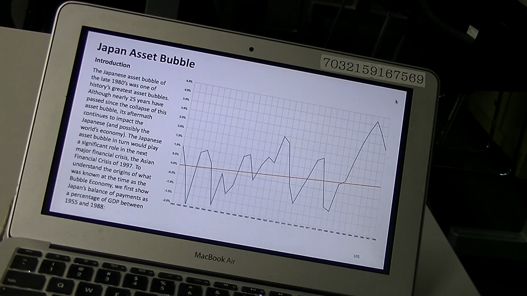The Japanese asset bubble also played a significant role in the Asian financial crisis. So if you're interested in other Asian countries, particularly Thailand, Malaysia, Indonesia, and the Philippines, all had a huge impact in the financial crisis of 1997, and in turn, as we'll see, the Asian financial crisis led ultimately to the tremendous reform of the Japanese economy.